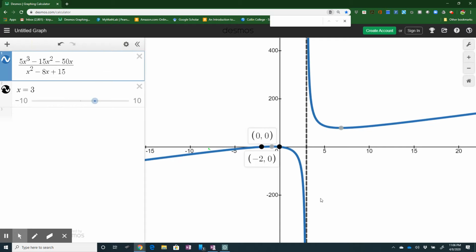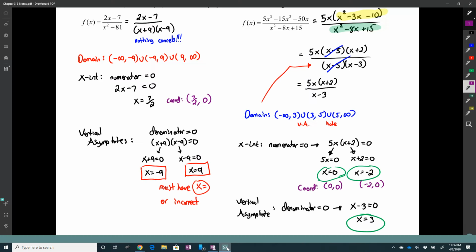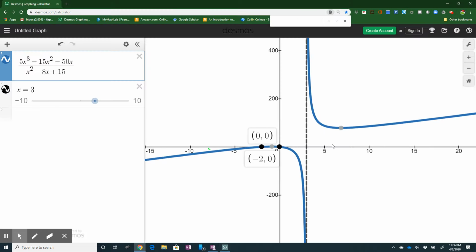So that's what the math is allowing us to do. We find the x-intercepts, we can find the vertical asymptote. And for the domain, remember that there was nothing at 3 or 5. So if I go to 5, it should say undefined. There it is. All right, anyway, next page.